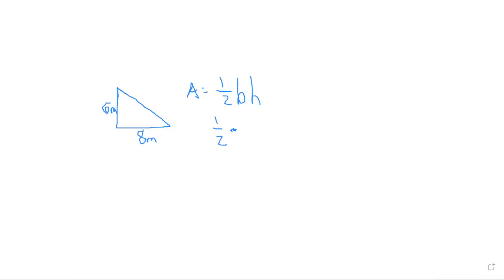It's no different than using an X. The base was 8 meters and the height was 6 meters. So now I have 1/2 times 8 times 6, which is 1/2 times 48, and meters times meters is meter squared. And so half of 48 is 24 meters squared.